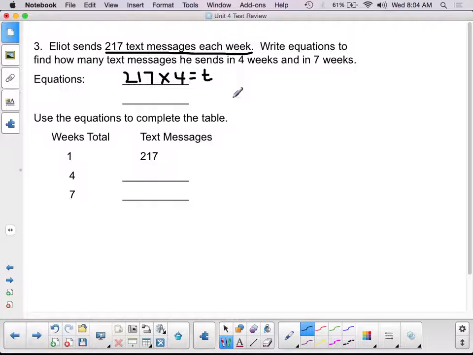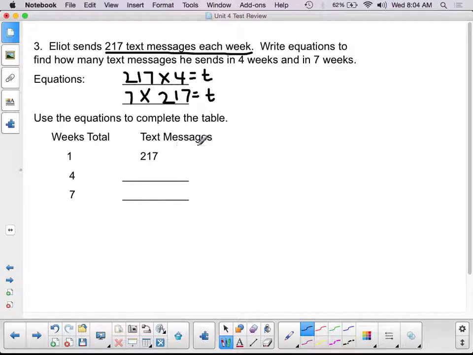You could also write it as 7 times 217 equals T.